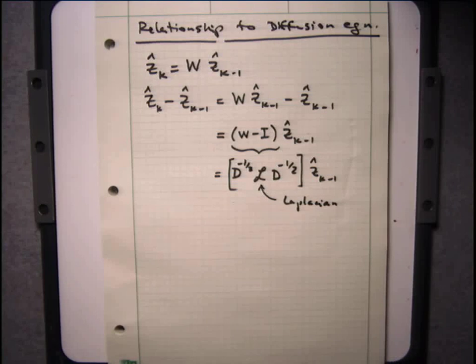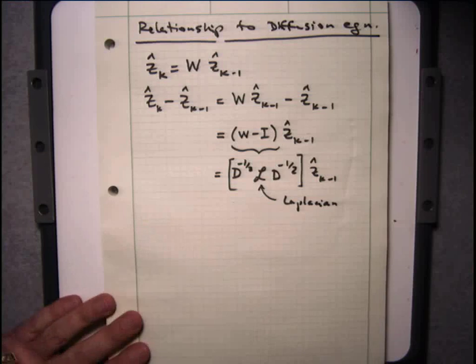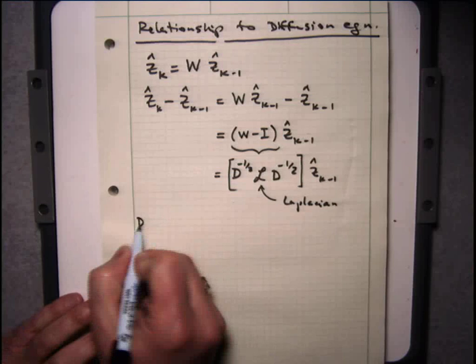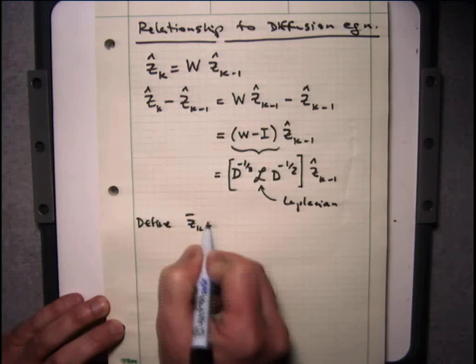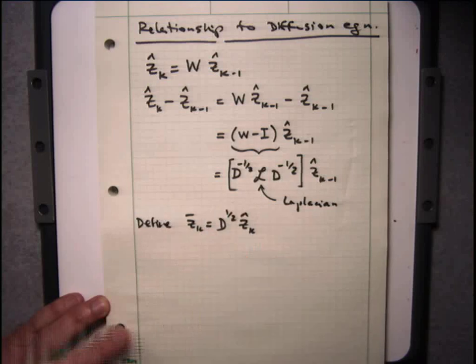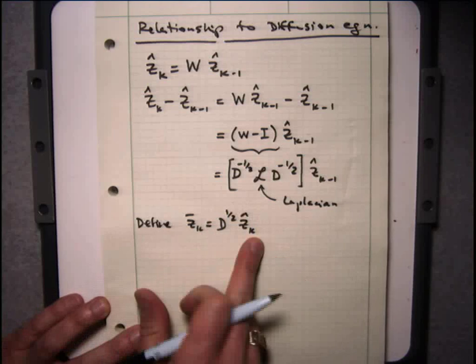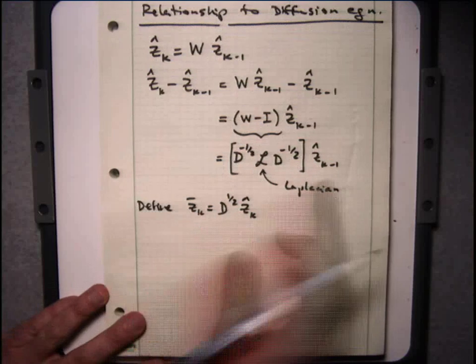So now, in order to turn this really into what I call the diffusion equation, you just make some very simple changes of variables. You define z bar k as d to the 1/2 z hat k. Okay, so it's just simply a scaling of these coefficients. And with that, you can rewrite all of this.